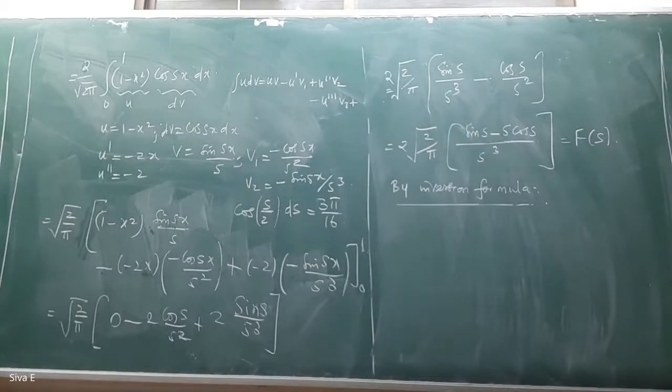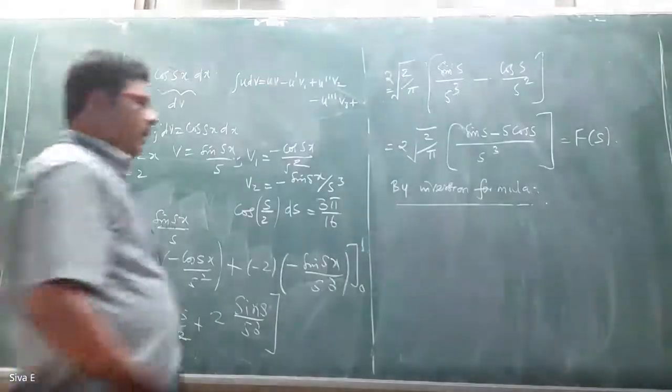Given the Fourier transform pairs, the Fourier transform is 1 by root 2 pi integral minus infinity to plus infinity e power isx f of x dx.